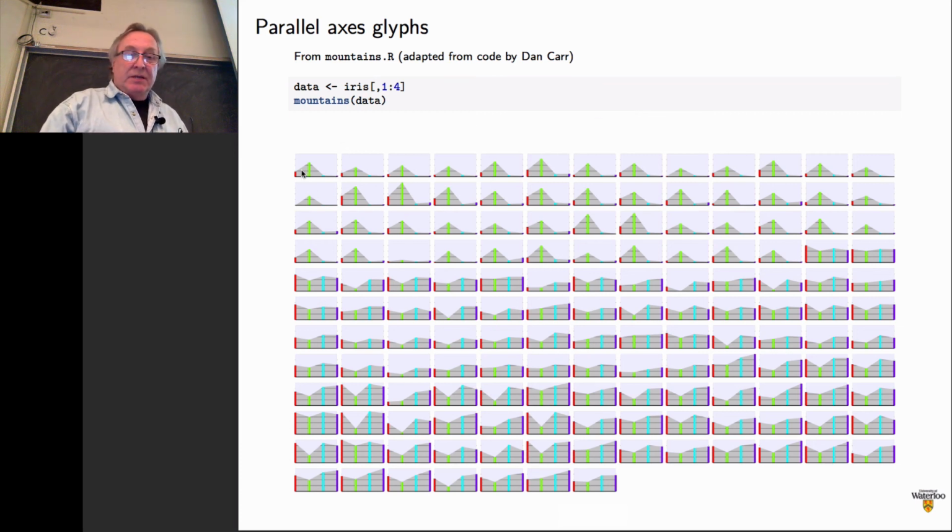He's produced some nice little bars to show you, by color, which variant we're talking about. And that's essentially a parallel coordinate plot, but with the area given below and some nice axes in the background so you can get some sense of the magnitude, and the colors identifying the variants.